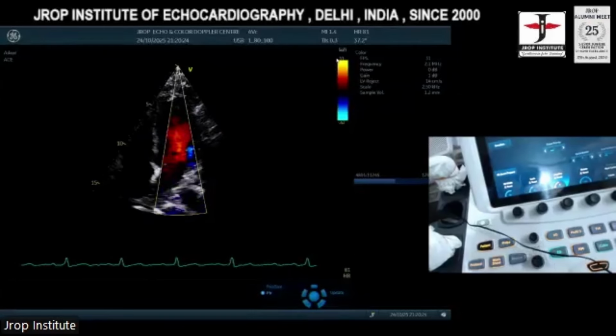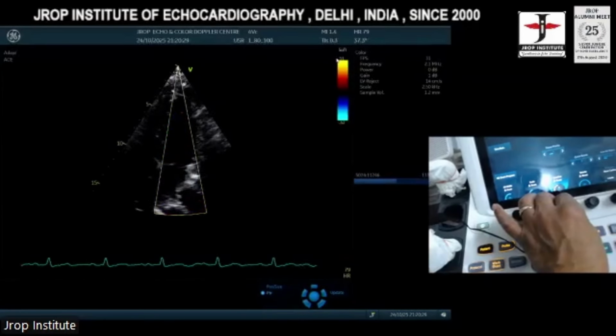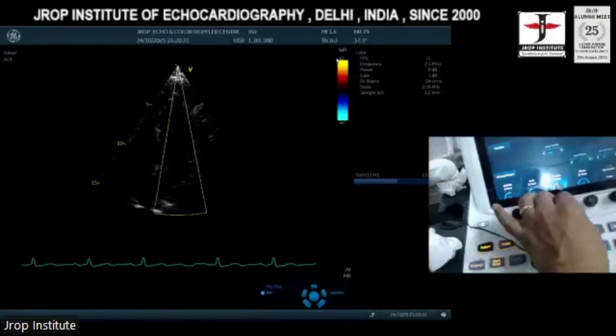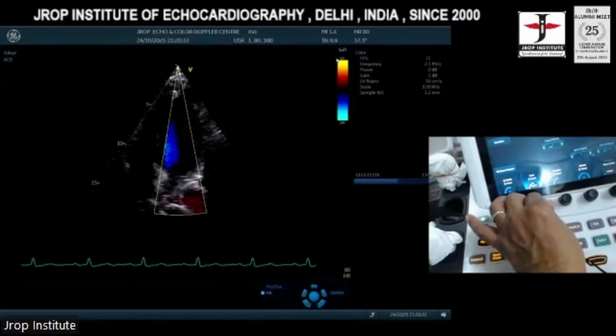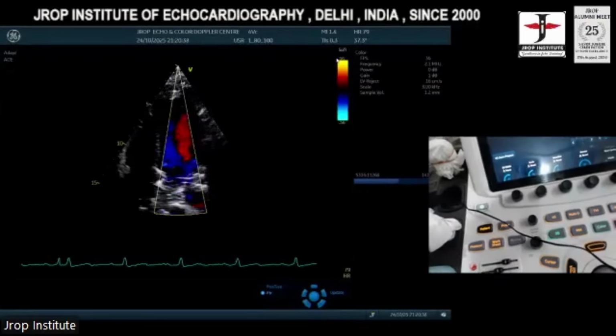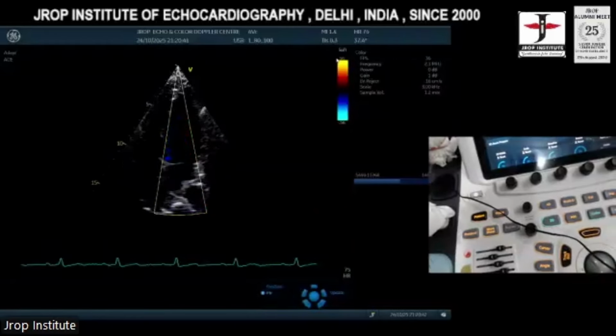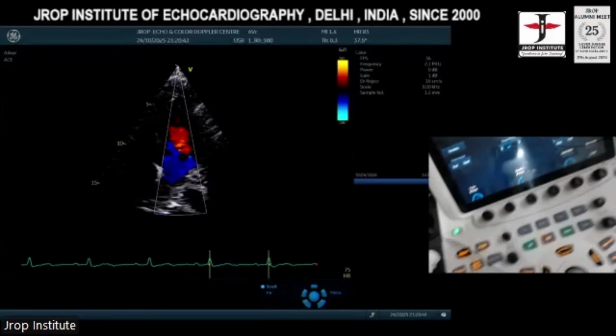This is the velocity at which the flow will change color. That is the Nyquist limit. Remember this, we keep a Nyquist limit between 50 to 60. It is the point at which aliasing starts happening. All right. Thank you.